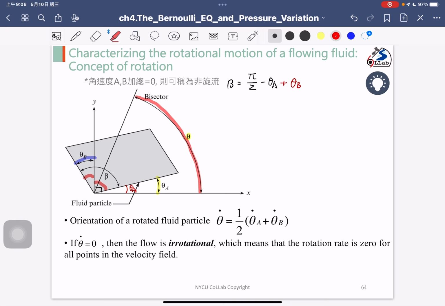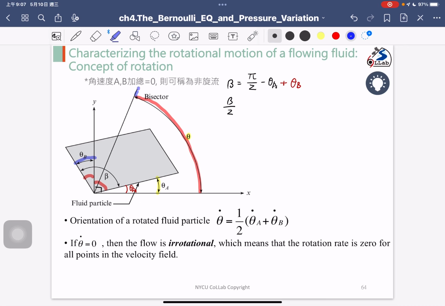And what is the bisector here? The bisector should be beta over 2, because half of the beta angle is where we draw the bisector line.